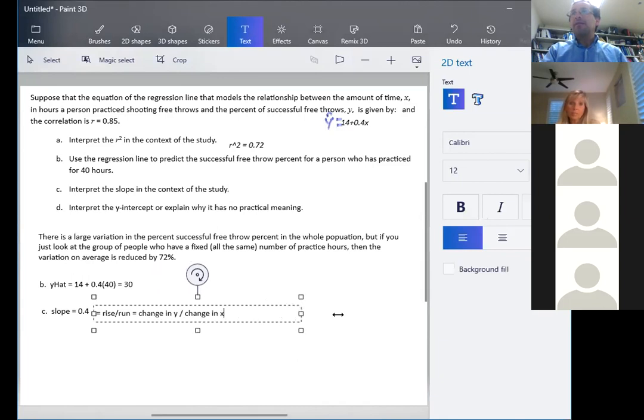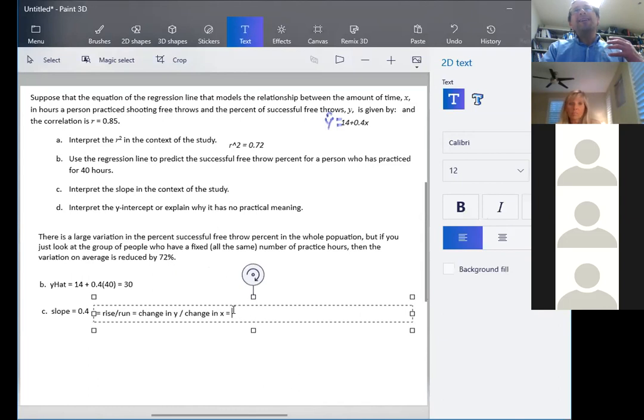Any questions on that? So I'm just going to go through the idea of how we can come up with a sentence to interpret the slope. Well, the change in y is successful free throws.